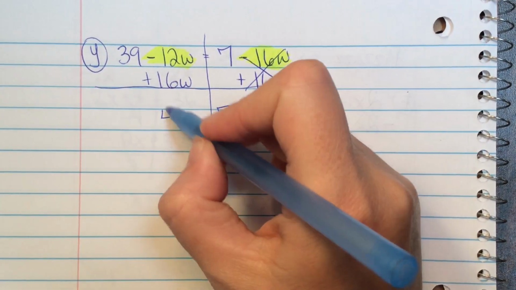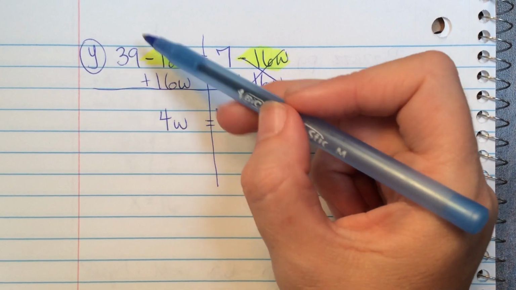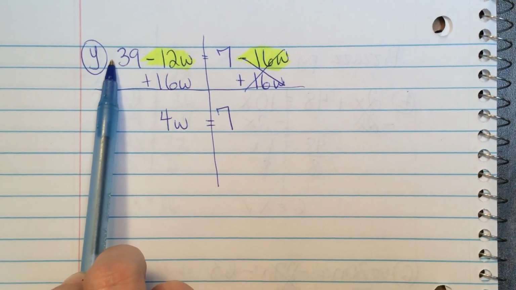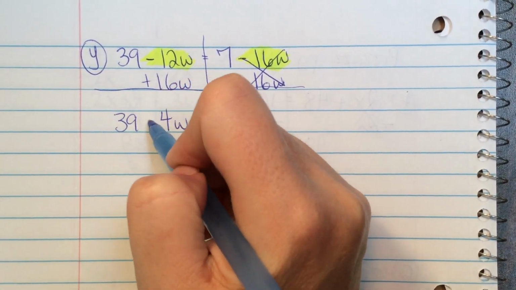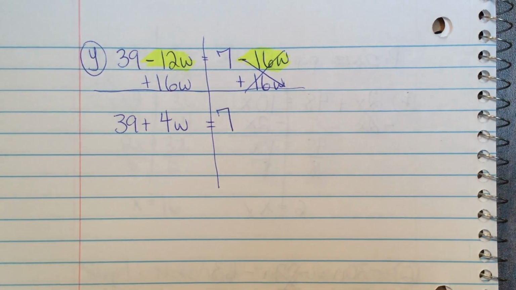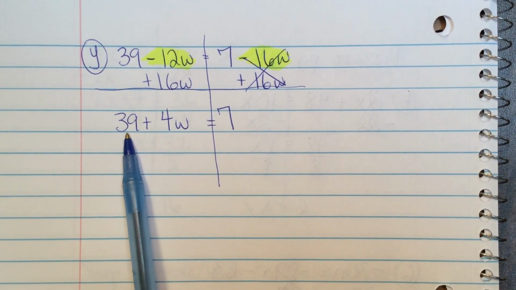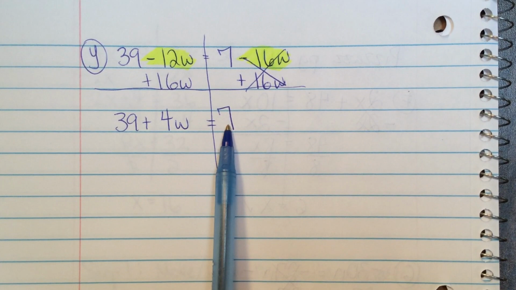So I'm going to get 4W. And then I already have 39. There's nothing in front of 39, so that means it's positive 39. So that means 39 is being added. So I have 39 plus 4W equals 7.